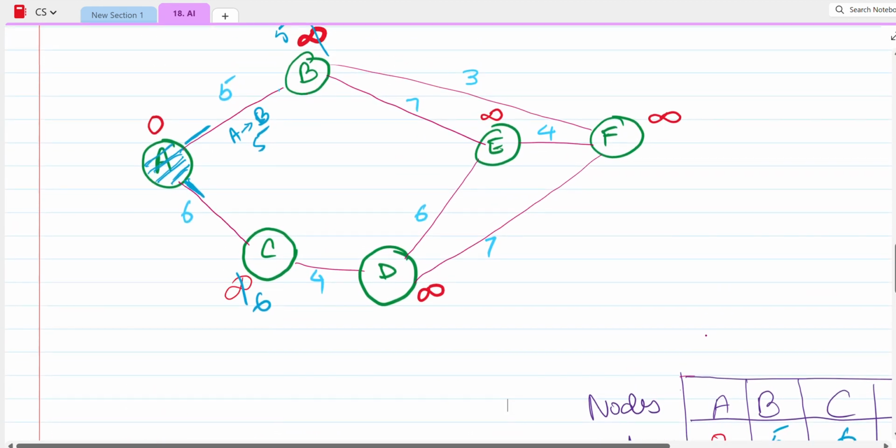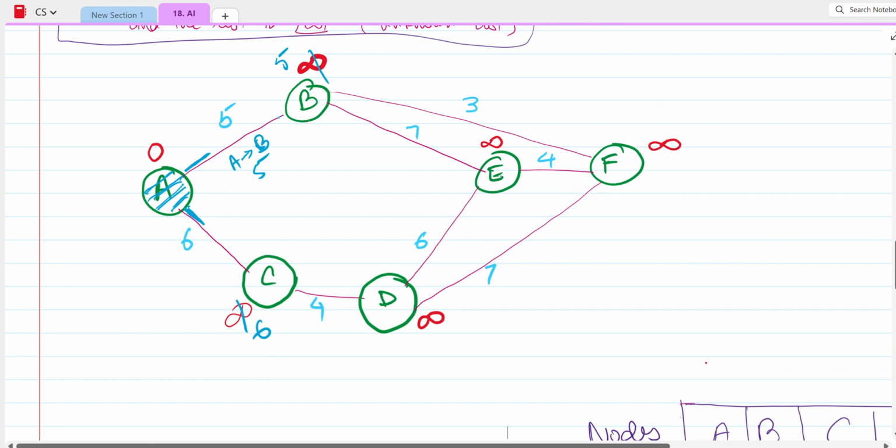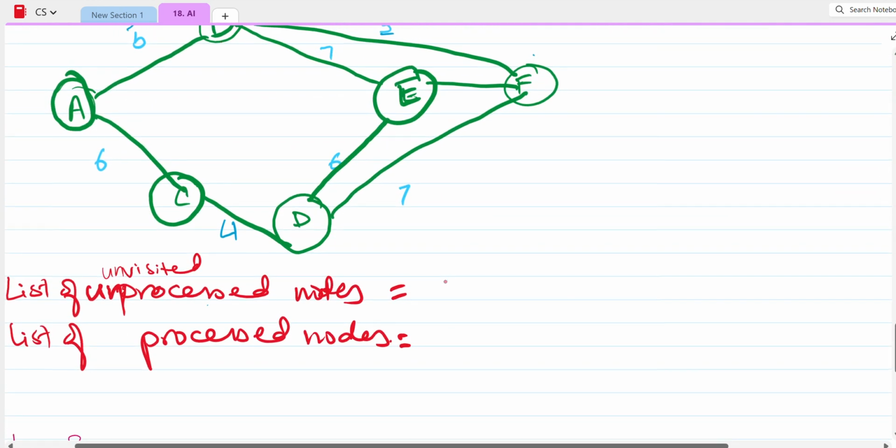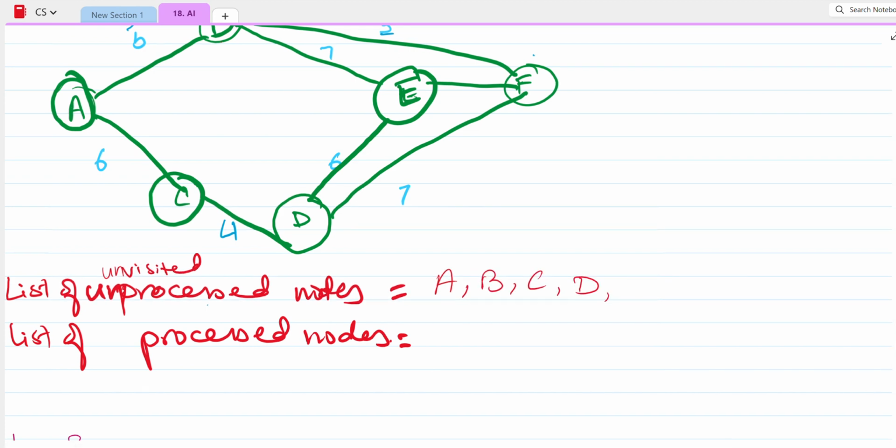The second step is that we have to visit all the nodes. Now from A we visited B and C, which were connected to A. At this point we say that we have processed A, or we have visited A. That means, first of all, let's make the list of the unprocessed nodes: A, B, C, D, E and F. Once we are done with A, we are going to remove it from there and add it to the processed nodes.